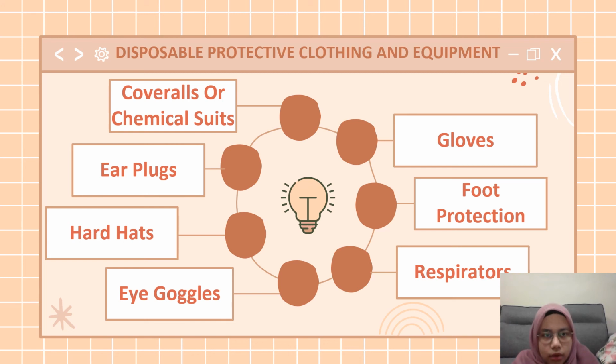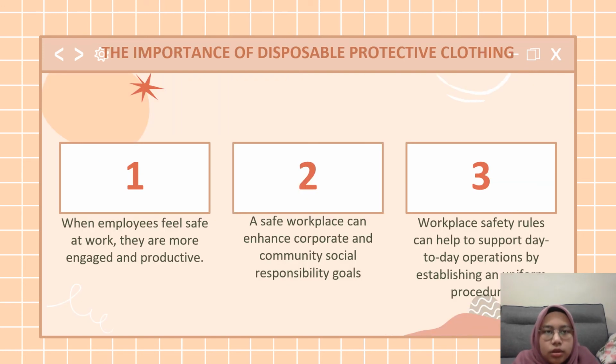So the types of disposable protective clothing are such as a coverall or chemical suit, PPE, glove, foot protection, respirator, eye goggle, hard hat, and earplug.